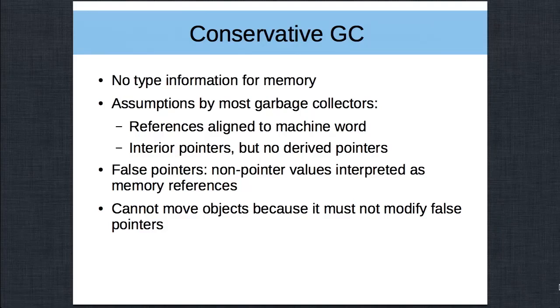These are called false pointers if they have a value whose address is identical to some object that has been allocated on the heap. And because it cannot distinguish if a value is actually a pointer or not, it must not modify it. So a conservative garbage collector can never move objects around.